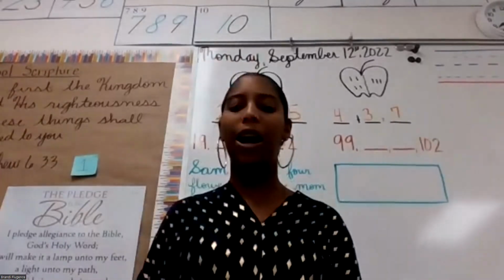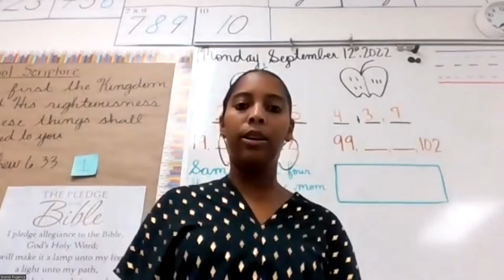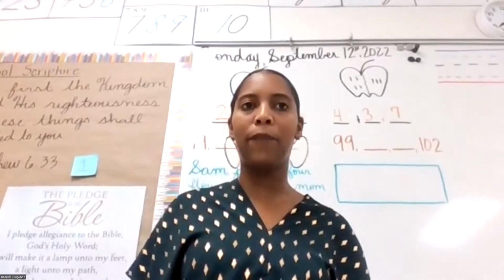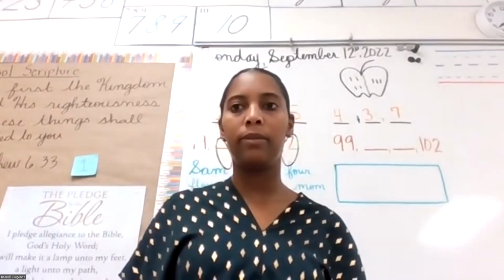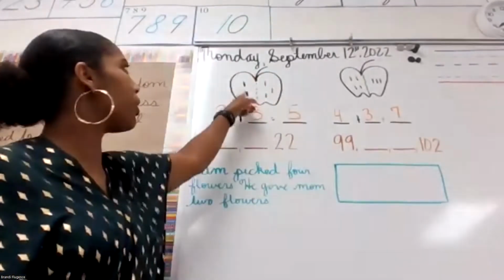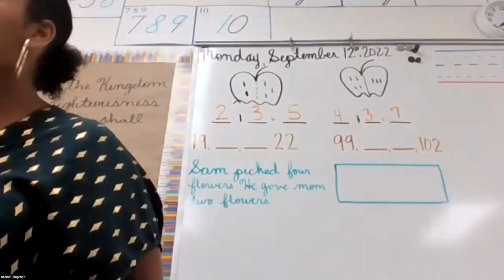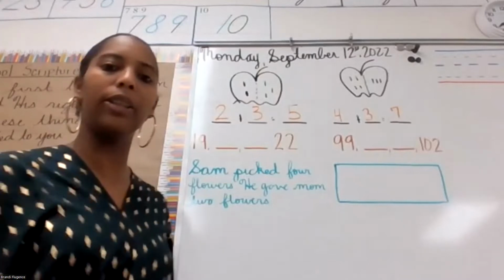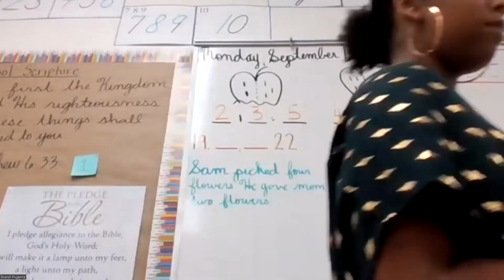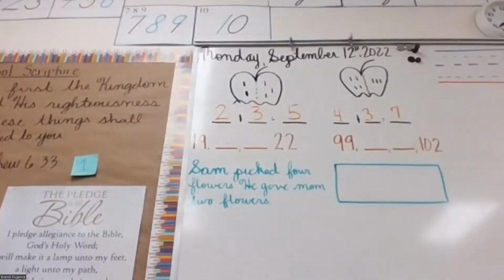So go ahead and draw 5 seeds on the left side of your apple. All you have to do is draw a little line like that. That's the seeds. So draw 5 seeds on the left side of your apple.